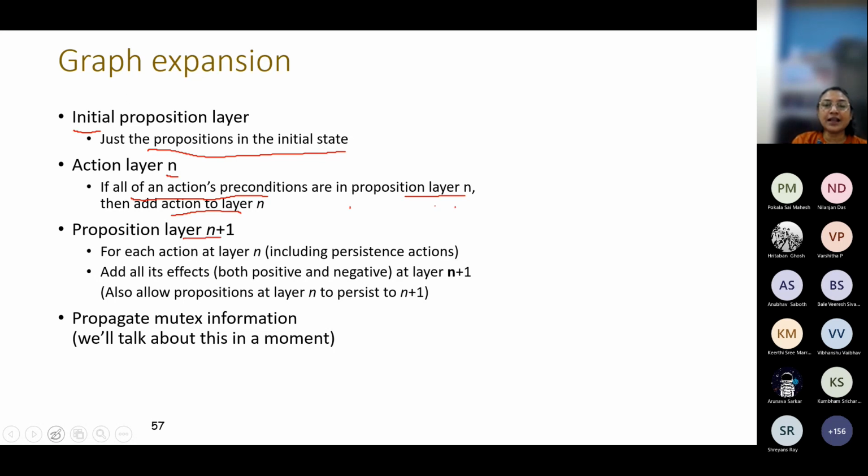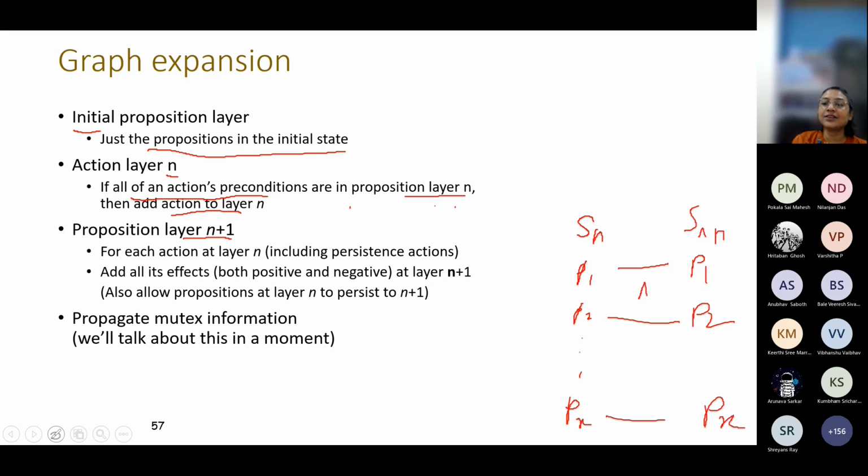How is proposition layer n plus 1 constructed? For each action at layer n, including the persistence actions, we add all its effects at layer n plus 1. So corresponding to every proposition in Sn we have the persistence action, so each proposition will get carried over to layer n plus 1 through the maintenance action.